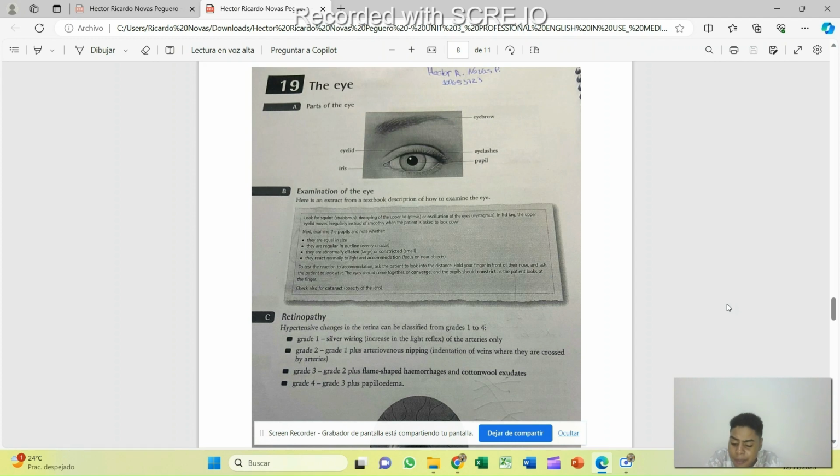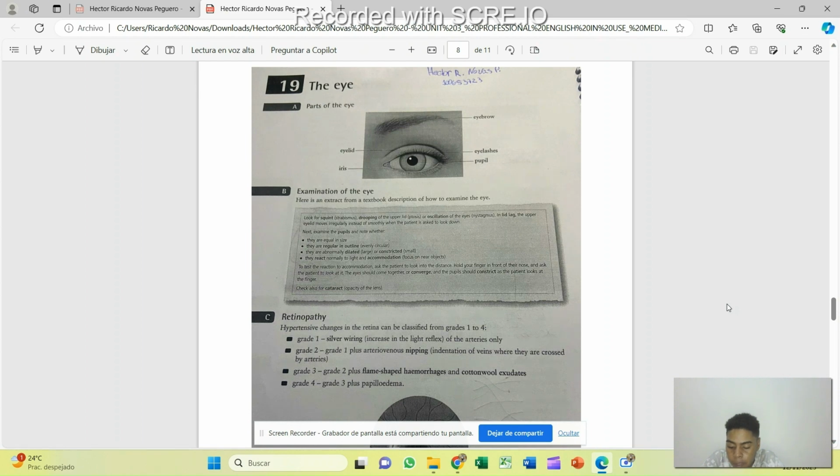Next, examine the pupils and note whether they are equal. They are regular in outline, evenly circular.